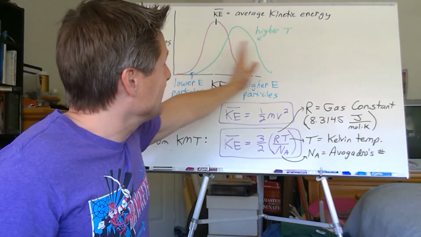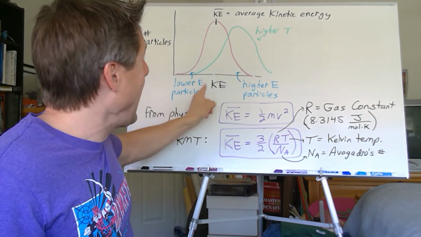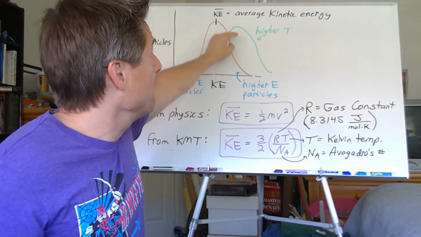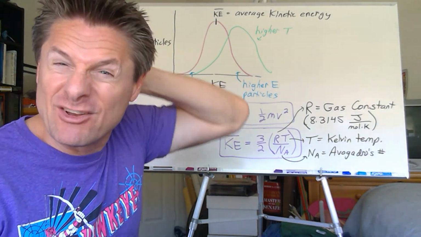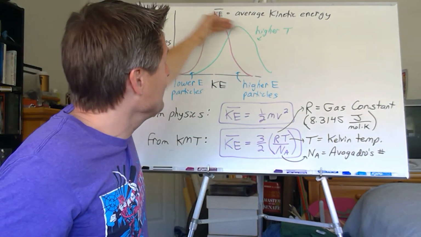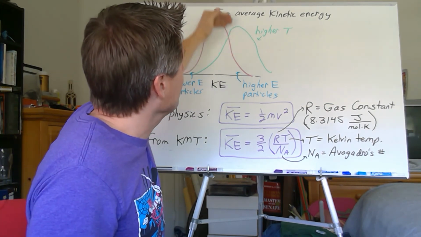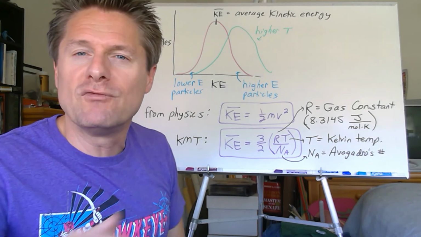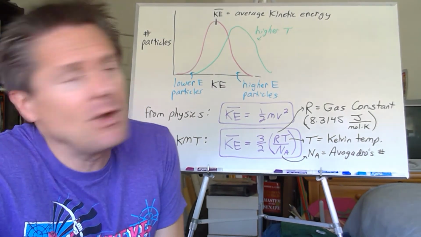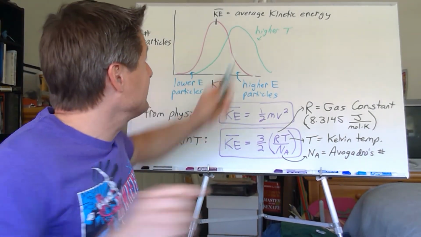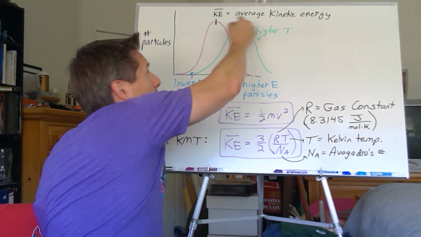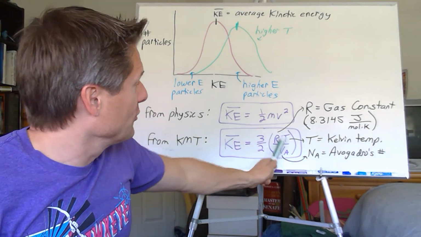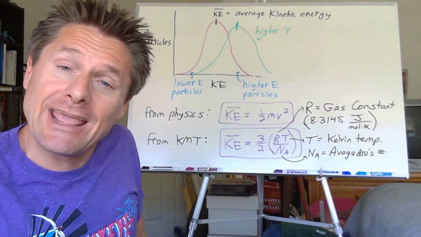So as you move to higher temperature, there's more possible kinetic energies. So you're going to have fewer particles per individual kinetic energy. That makes sense? So as you move over, the graphs get lower and more spread out. They get squatter as you move to higher temperatures. All right, pretty straightforward. But does it make sense that the average would be higher if the temperature goes up? The average kinetic energy goes up.